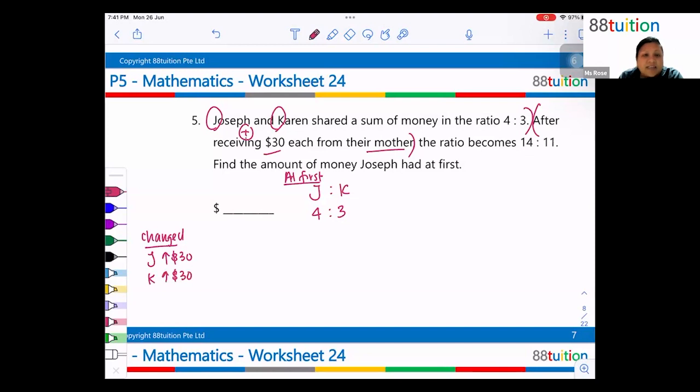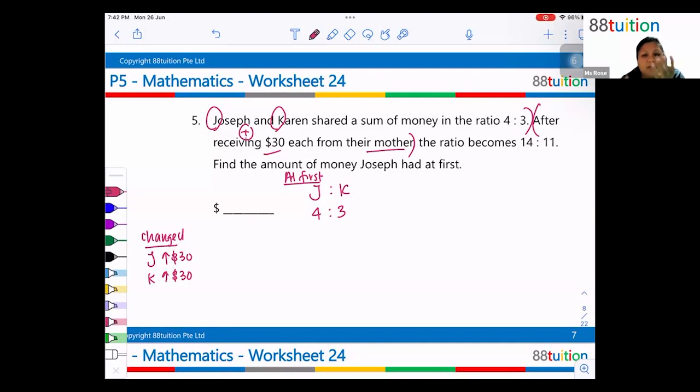What other changes do you have here besides Joseph's money increase, Karen's money increase? What else do we know that increases? What else do you know that increases besides Joseph's money and Karen's money because they received from their mother? Yes, Jinlong, besides the ratio change. So what other changes do you have?